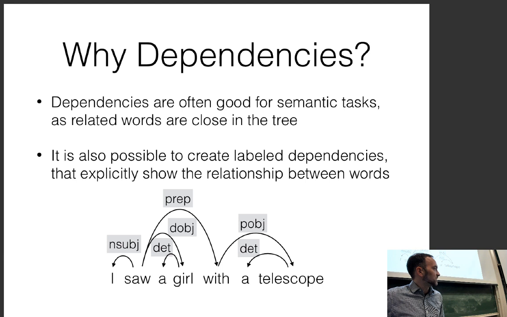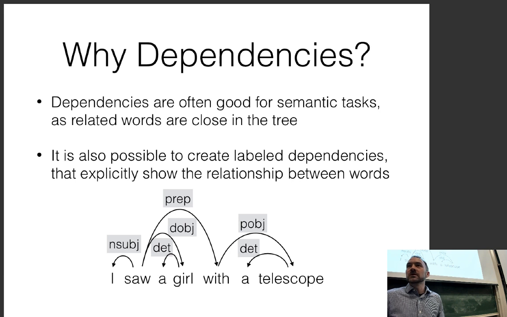The subject of that would be I, and the object of that would be telescope. So you can see that, oh, sorry, no. I failed my own parse. The object of that would be girl, and then the instrument that you use to do the seeing would be telescope.